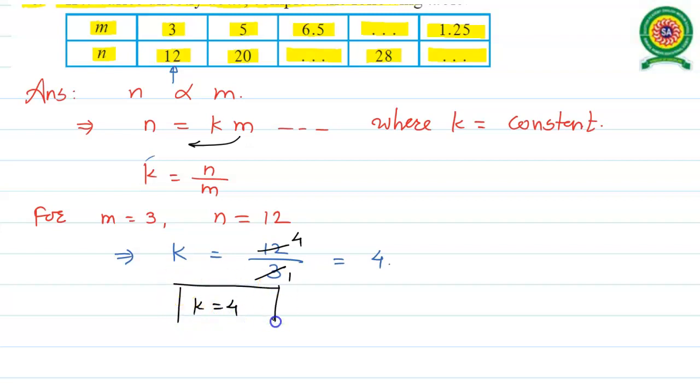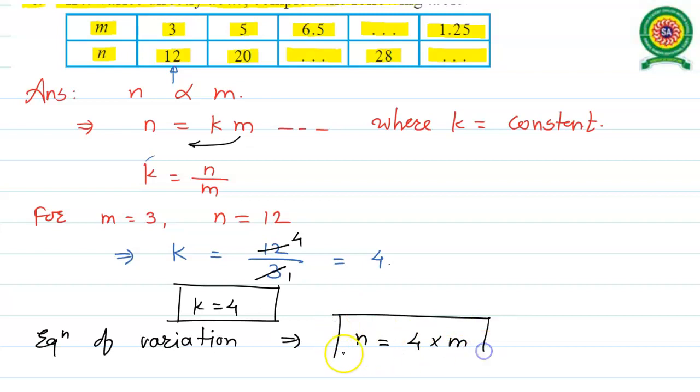Once we have the k value, let us form the equation of variation, which is given by n equals k into m. The k value is 4, so n equals 4 into m, that is the equation of variation. Now we have to evaluate the n value when m is 6.5.